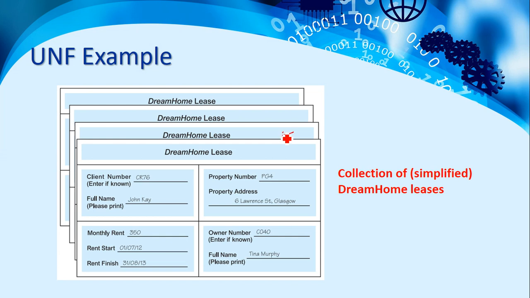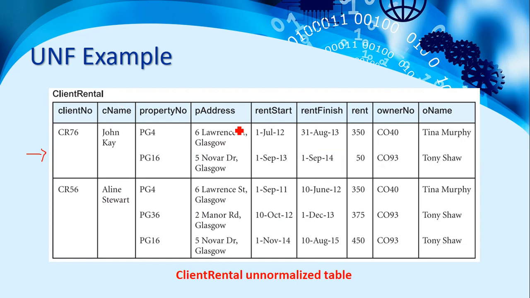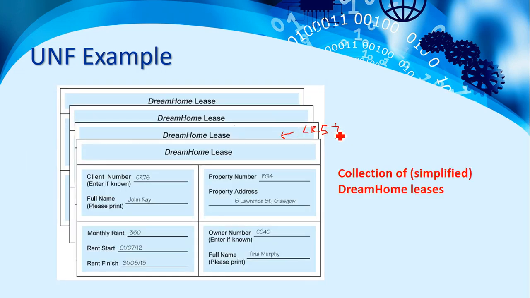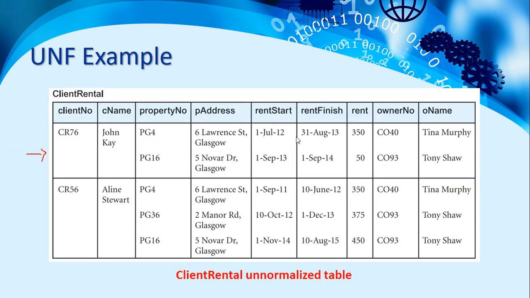Let's just assume, this is just an assumption, that this client number is CR57, and this one is CR56. I don't know what's with the third and fourth forms, but based on the reference I used, this is how it looks. So this is the client rental unnormalized table.